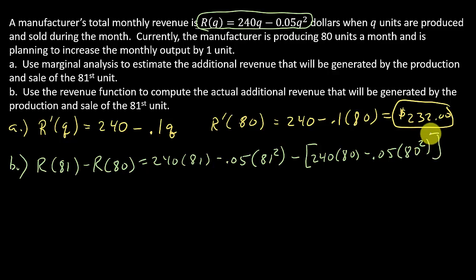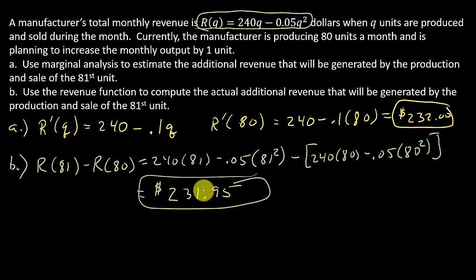And then when you put that into your calculator, you can put this part in, and then this part in, and then do this minus this. When you punch that into your calculator, you get 231.95. And that is your final answer.